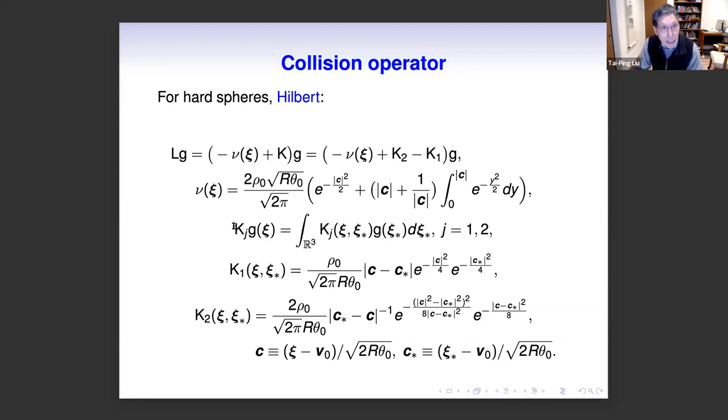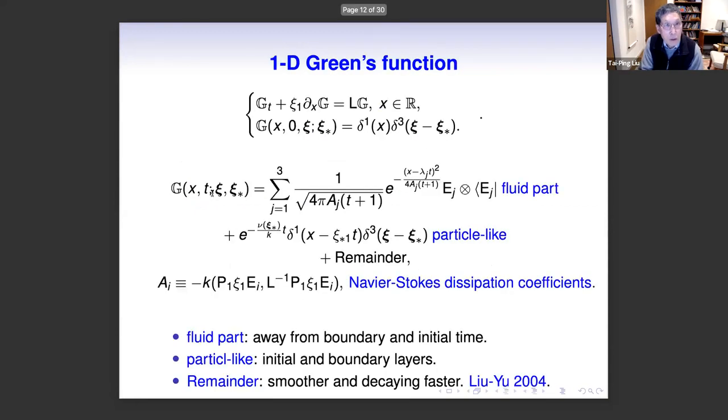And K1, K2 are compact operators, and nu for the hard sphere model behaves like 1 plus absolute value of xi. Okay. So this very explicit form would be used to construct the Green function.